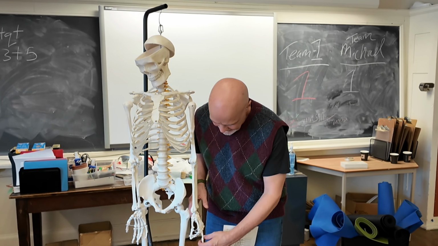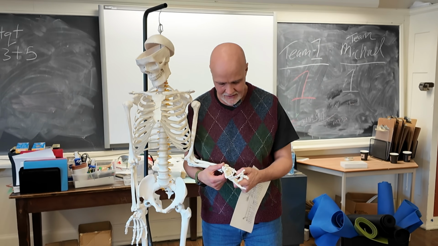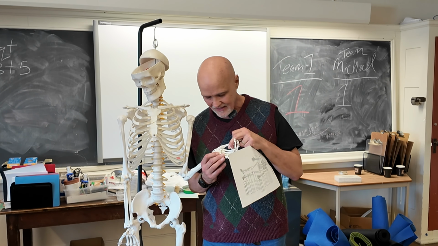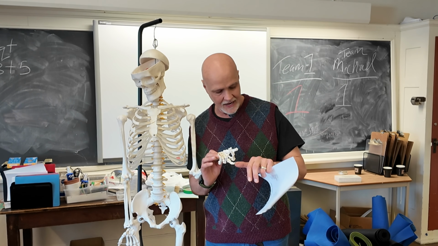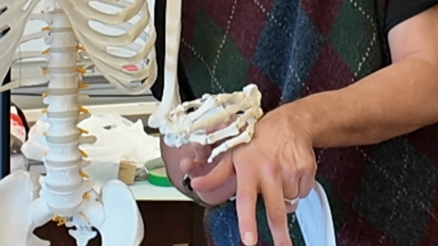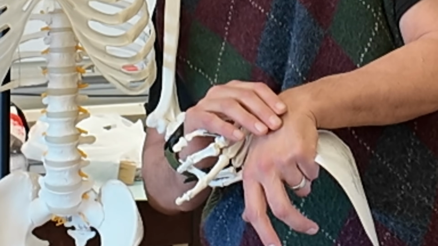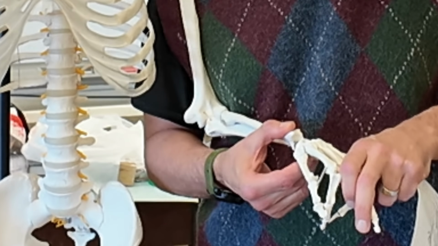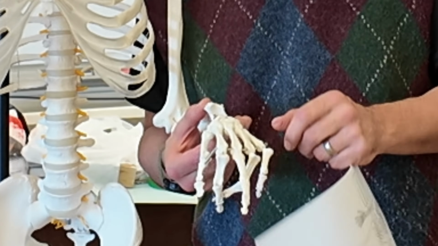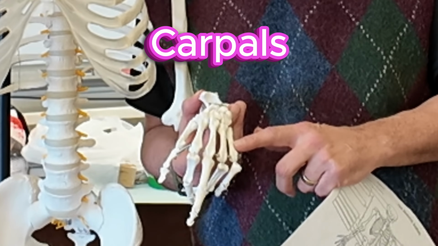So now getting down into the wrist. If you look at the hand, your hand is actually like here, just to map this back onto the body. Your wrist is up here. So you have all these little delicate bones that allow for articulation through the wrist. And these are called the carpals, metacarpals.